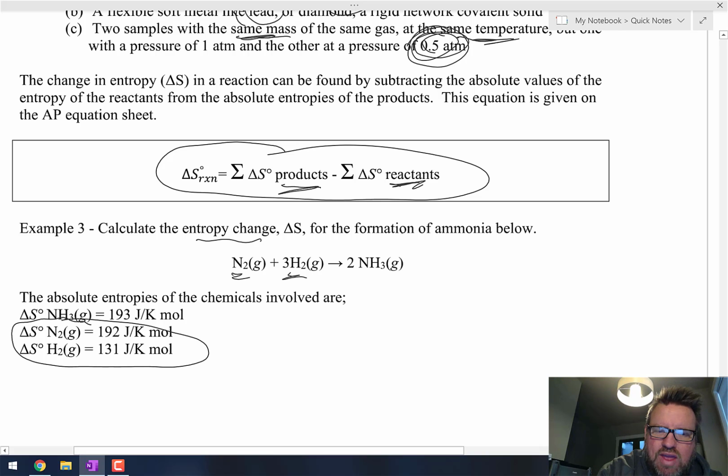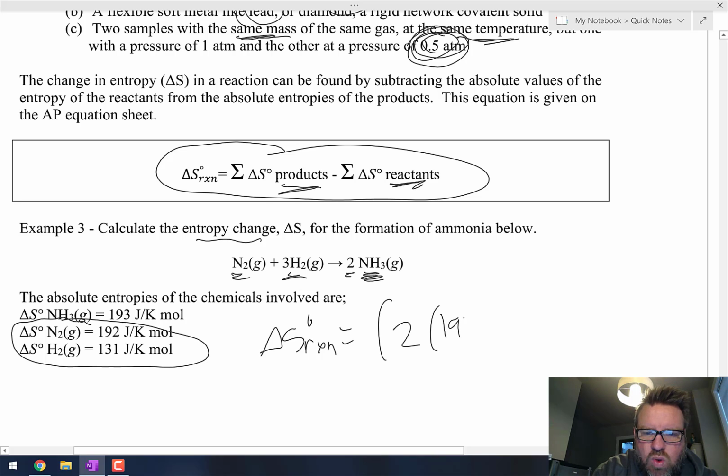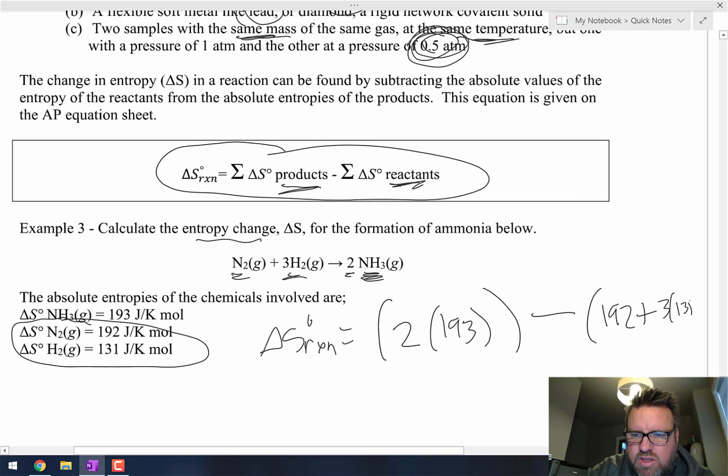When we calculate the entropy change, we're going to take the entropy of NH3 and double it. So the delta S for the reaction is going to equal 2 times 193, and that's our products, minus our reactants. Nitrogen is 192 plus, and then hydrogen's 131, and there's 3 of them, so 3 times 131.